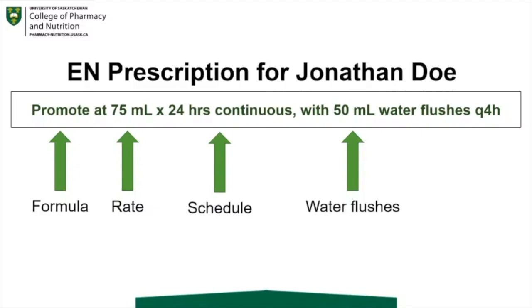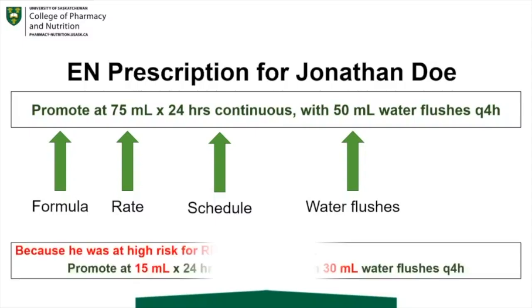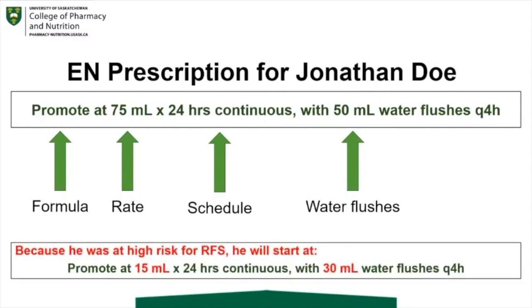It should be noted that to maintain the patency of the tube and reduce the risk of the tube clogging, at minimum, tubes must be flushed with 30 ml of water every 4 hours. Since the patient is at a high risk for refeeding syndrome, we will start our prescription at a lower rate, as shown here, and progress the rate to goal based on monitoring, which you will learn more about in the next video.